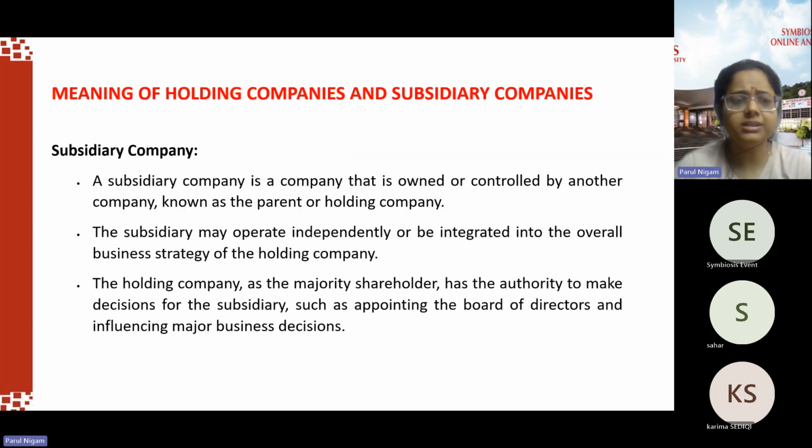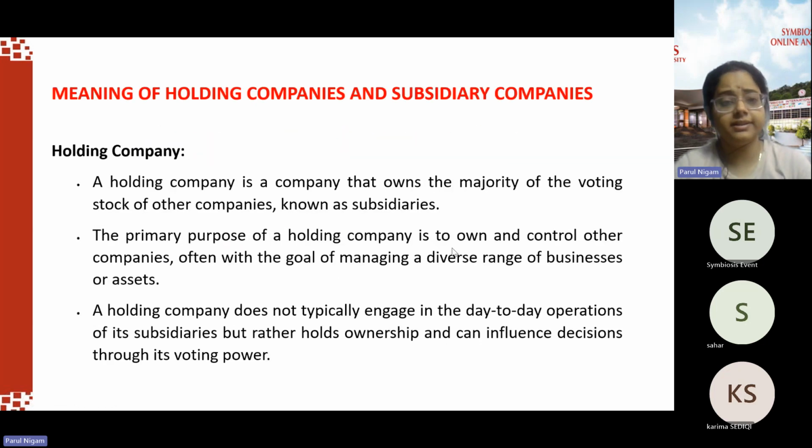If you've ever heard or read about subsidiary companies, you must have an understanding, because these are very general things. It will own majority shares, control the decision-making powers, influence financial and operational policy, and prepare consolidated financial statements including subsidiary accounts. These are the key features of holding and subsidiary companies.